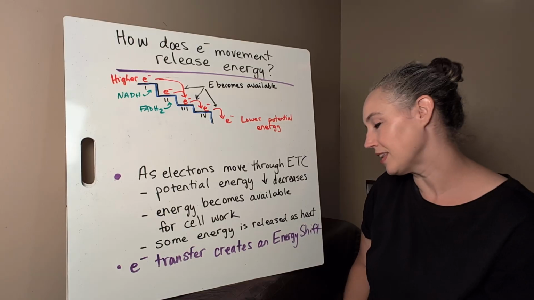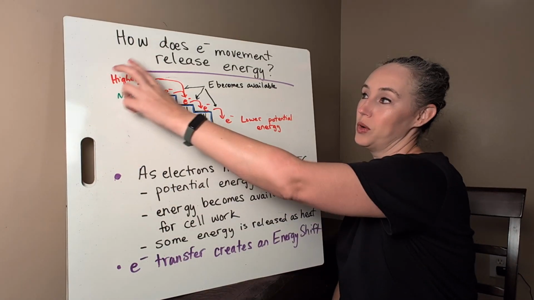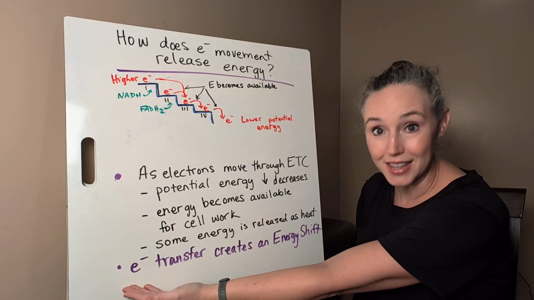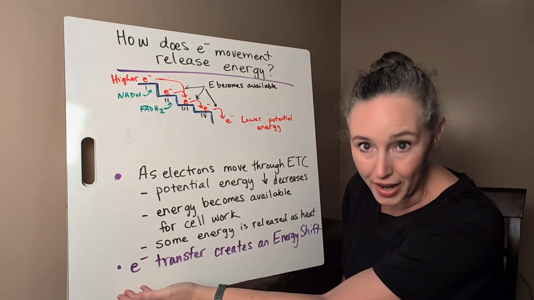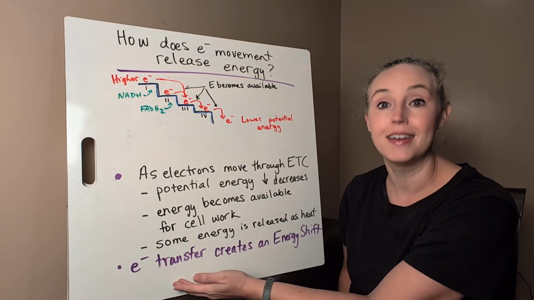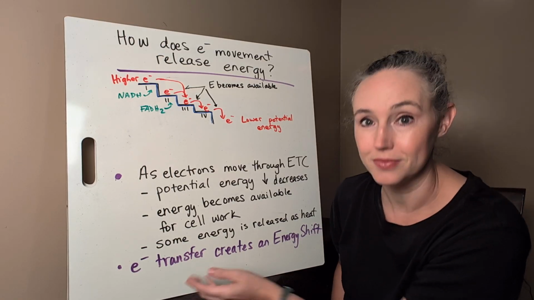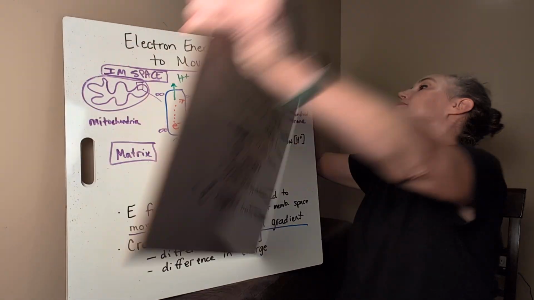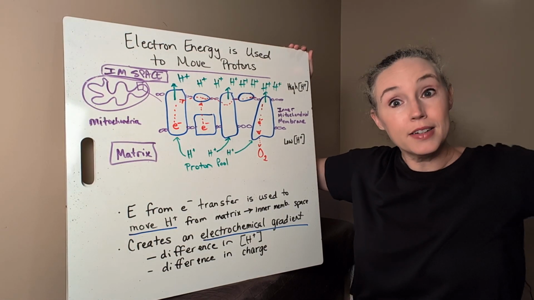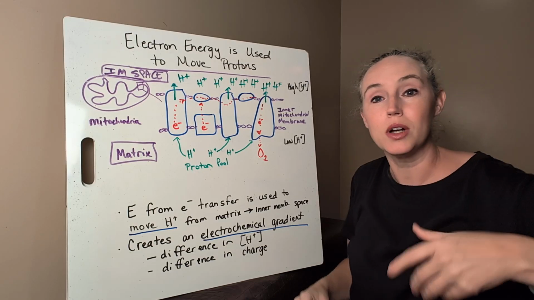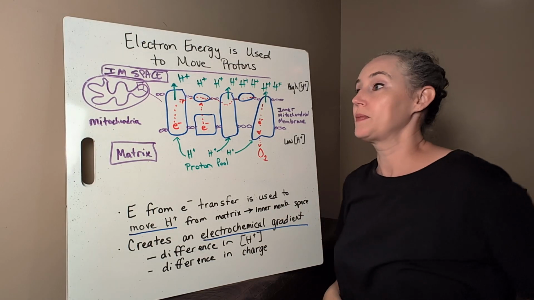Now recall one of the biggest ideas: as electrons are transferred, moved from one place to another, that creates an energy shift. So what are we using this energy for? Well, we use that energy from movement of electrons to move protons.